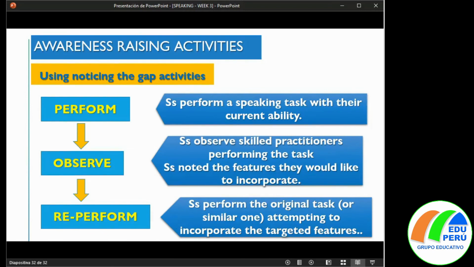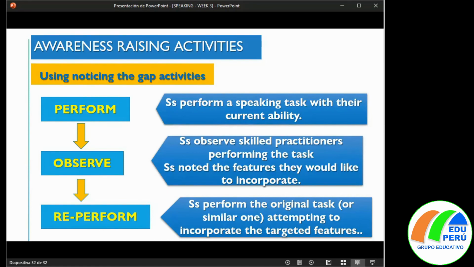Notice, first, they perform a speaking task with their own knowledge, with their own abilities or skills. Then they observe other people, maybe with more complex structures, and they start noticing the features they would like to incorporate. What I told you, they see other partners' conversation.